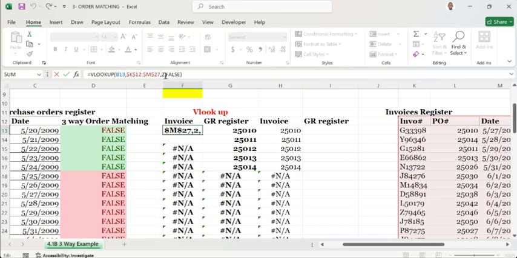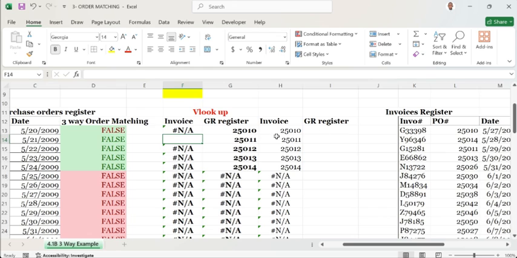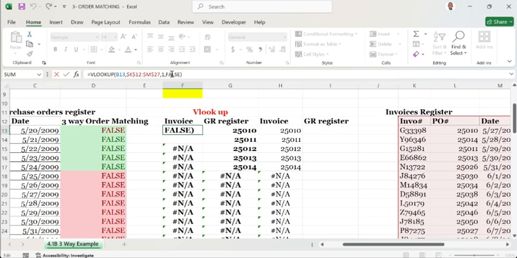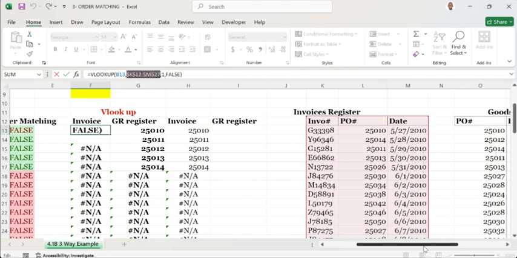Table array ingekuwa hii yote. We lock it. Koma. Index number ingekuwa ngapi? Column 2, comma, exact match.